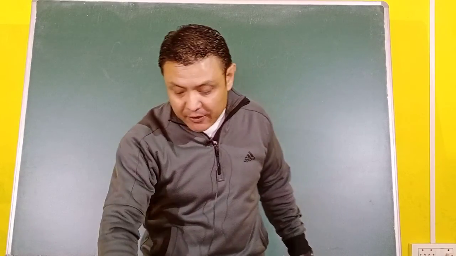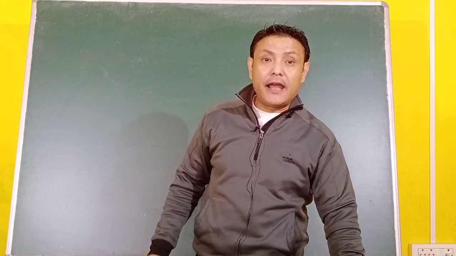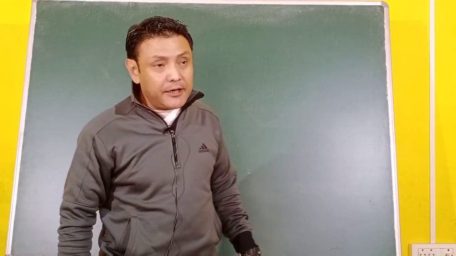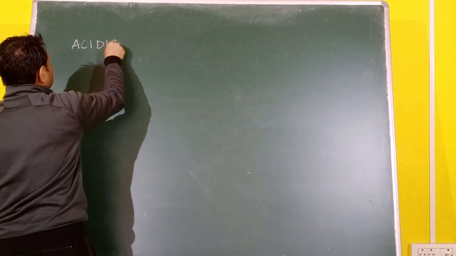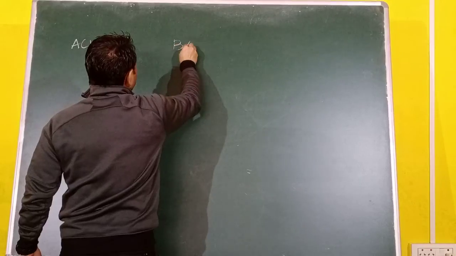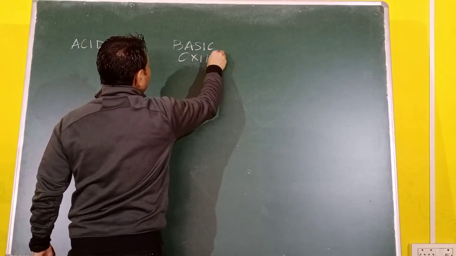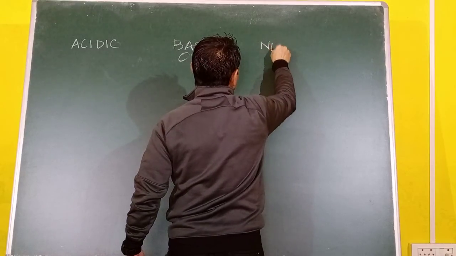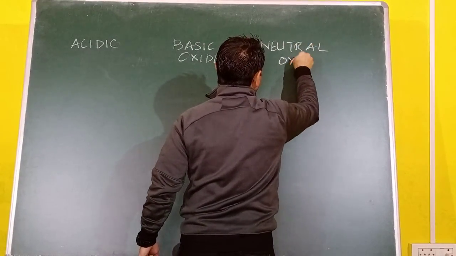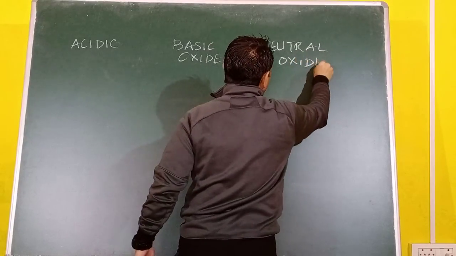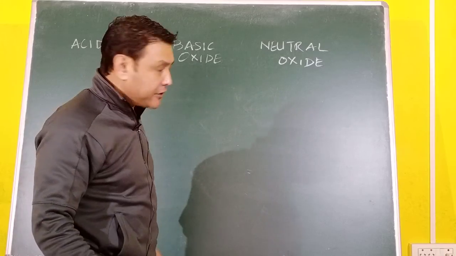But if we classify oxides, we can classify them into various forms: acidic oxide, basic oxide, neutral oxide, and the last one is amphoteric oxide. We'll discuss amphoteric oxide later.